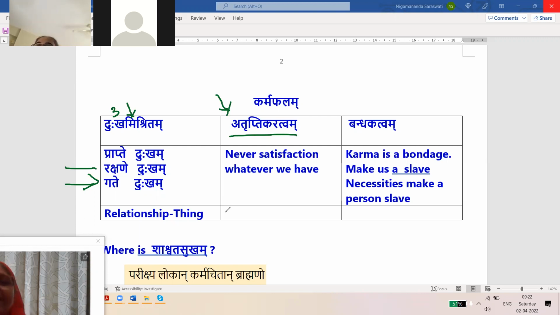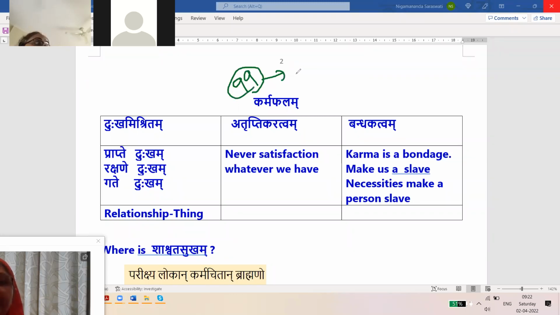Because in Gujarati they say people always have one push for 99. If somebody is earning 99 rupees, he always wants to get 100. If a person has 1,000 rupees, then that person would like 10,000. If a person has 1 lakh, then would like 2 lakh. So there is never satisfaction in terms of money also.